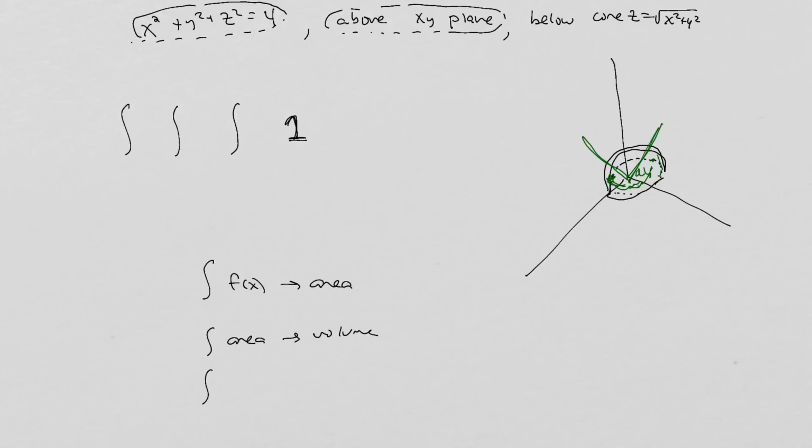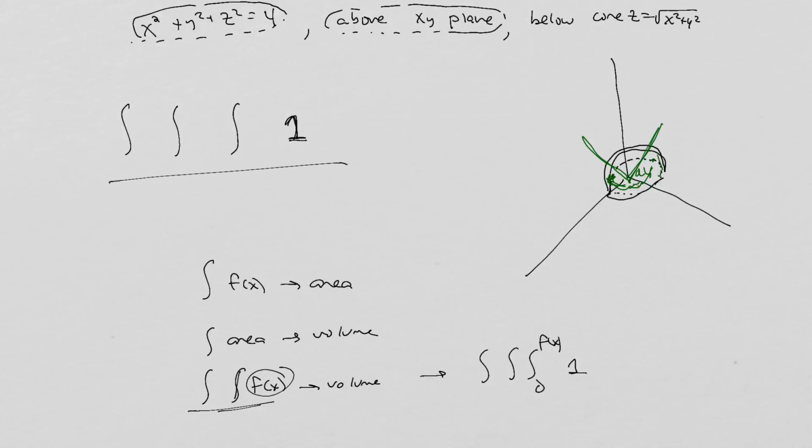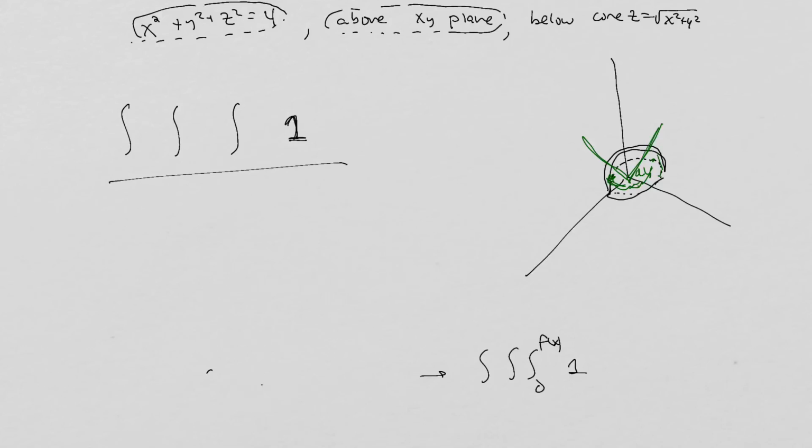Of course, in area, we could use the original function, so a double integral can also give me a volume. Or we turn that into a triple integral by taking this function and rewriting it on the integral somehow, and then just using the number 1. So if we're going to use a triple integral to get a volume, we want to set it up like this.